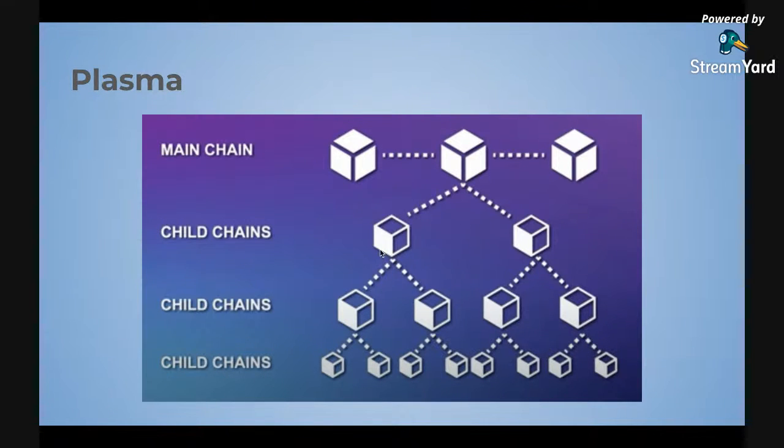I think this would be considered a side chain. So yes, this is the main Ethereum blocks here, and this would be a side chain, and then this would be another side chain. So it's a series of side chains, essentially taking this computation off the main chain into these side chains. Does that answer it? Maybe anyone else can answer a bit better?